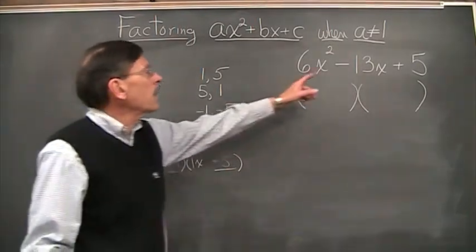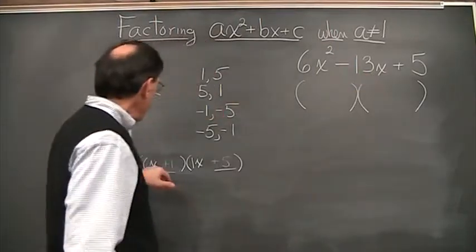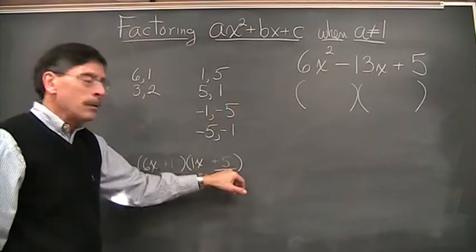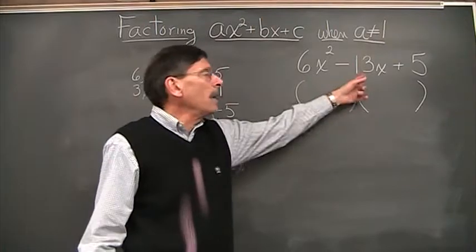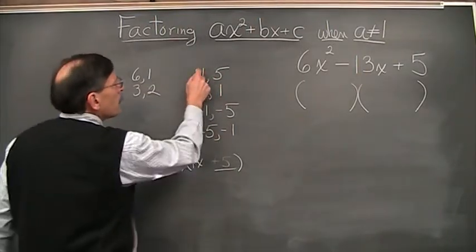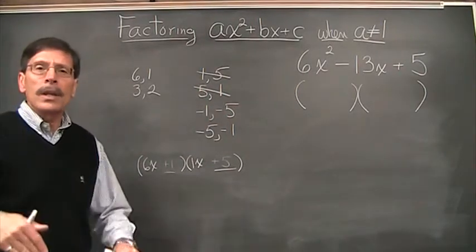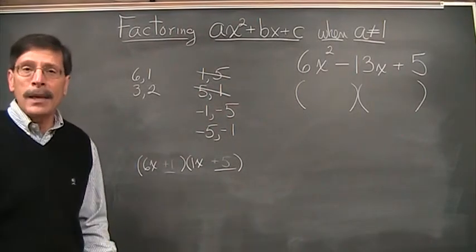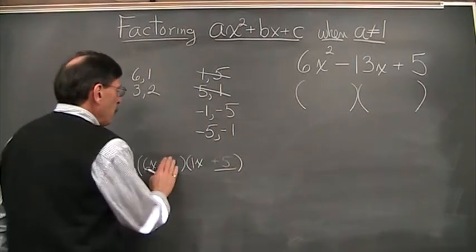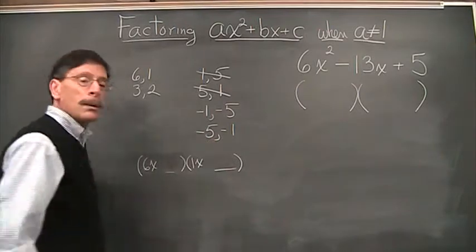The reason is there's a negative in this quadratic. If all of the terms are positive, I cannot possibly get a negative 13x. So this possibility and this possibility are both out because they will not give me a negative middle term. So I drop down to these two possibilities.